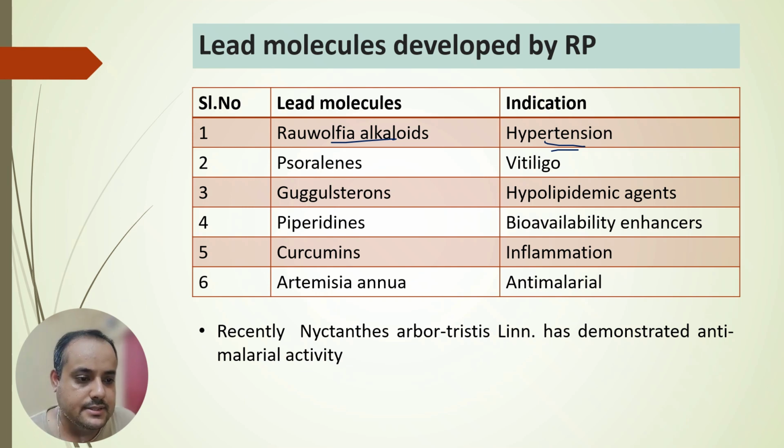Psoralens, another lead molecule, is used in case of vitiligo along with ultraviolet radiation therapy, and they are working very well. Next we have the guggulsterones, the guggulipids, and we use them as hypolipidemic agents.